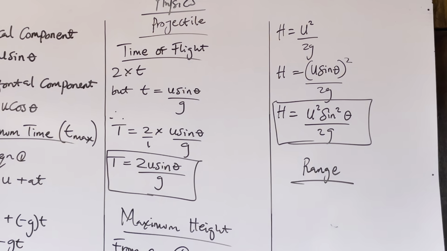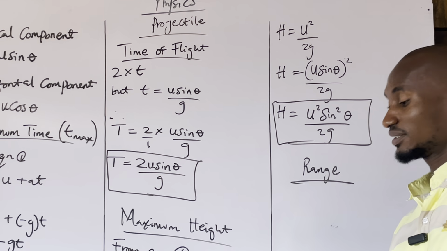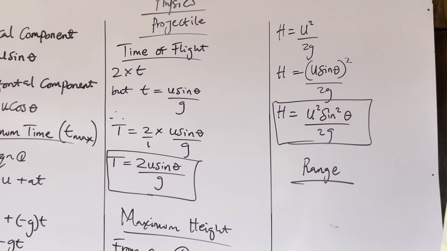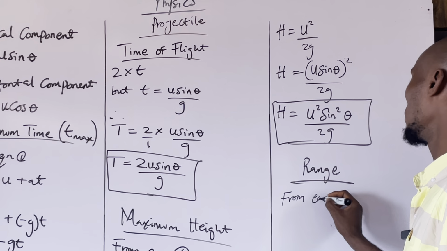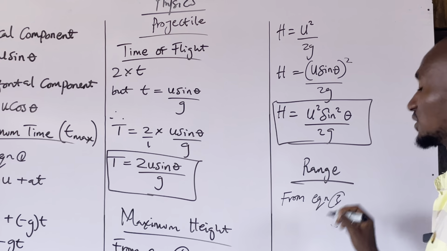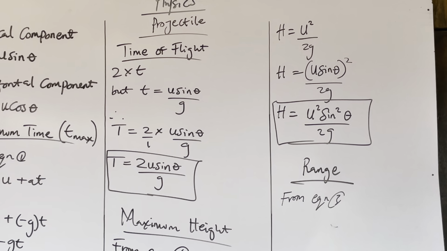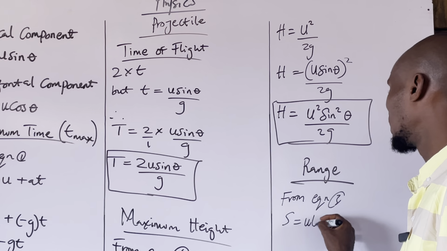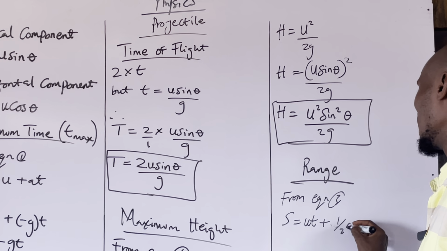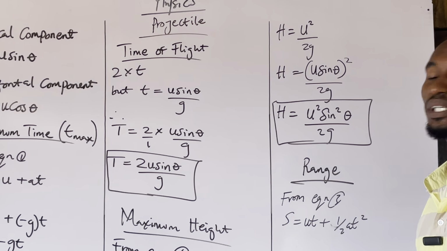Now let's find range. Let's find range. To find range, from equation 3, that is the third equation of motion, we have x is equal to ut plus half at squared.